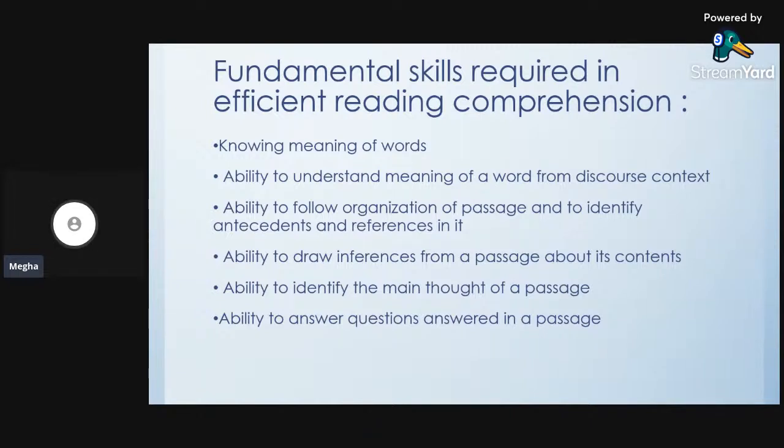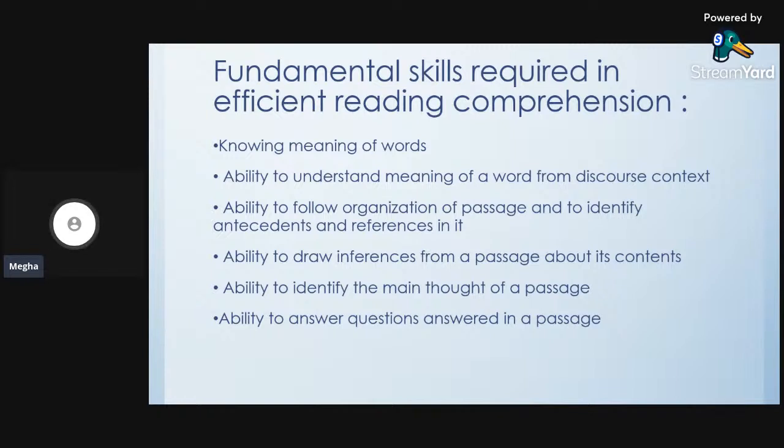Knowing the meaning of words: when a sentence or a paragraph is given to you, for you to understand it as a whole, it is important to first understand the meaning of the words given. That is why you should know the meaning of the words mentioned in a given sentence or paragraph. Next, the ability to understand the meaning of a word from discourse context.